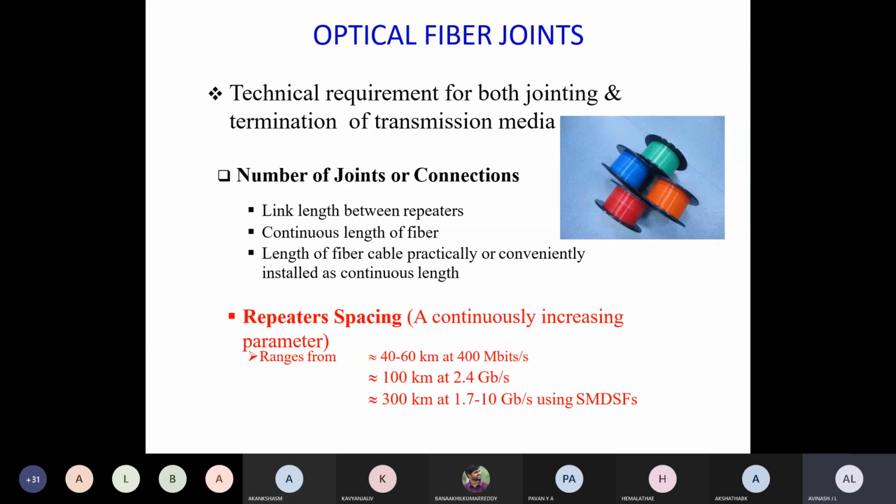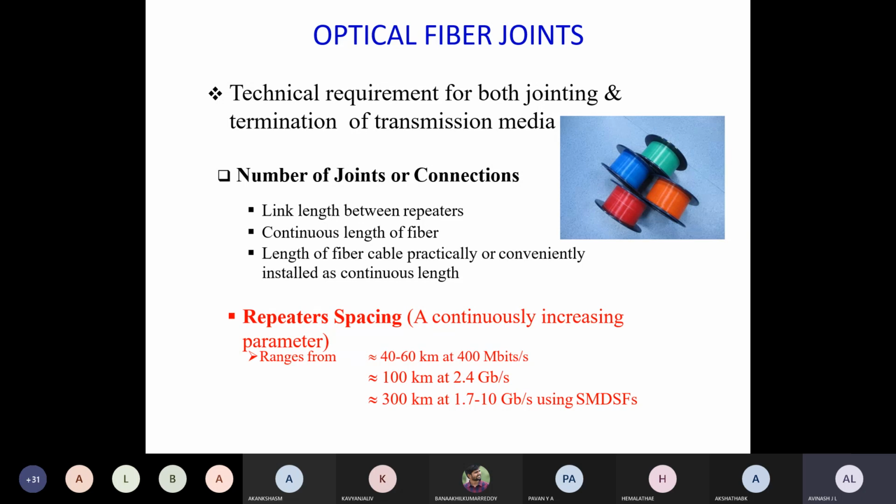That means we have sophisticated things. When we are using that repeater spacing, the length of the fiber comes with high sophistication. If we are using a small range like 40 to 60 kilometers, we stick to the bit rate of 400 megabits per second. If you are going for a higher end, 2.4 gigabits per second, we will have good fibers, and the spacing required is 100 kilometers.